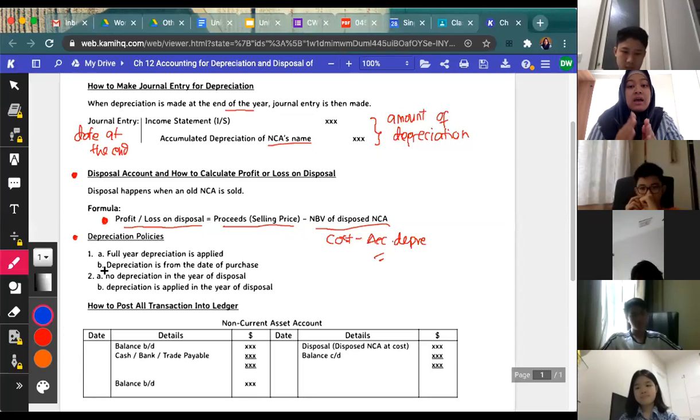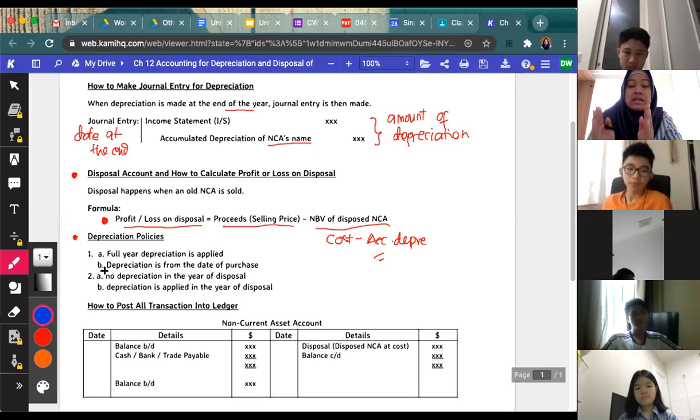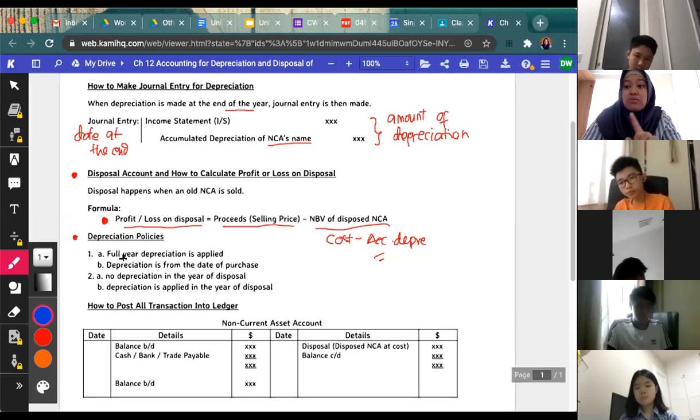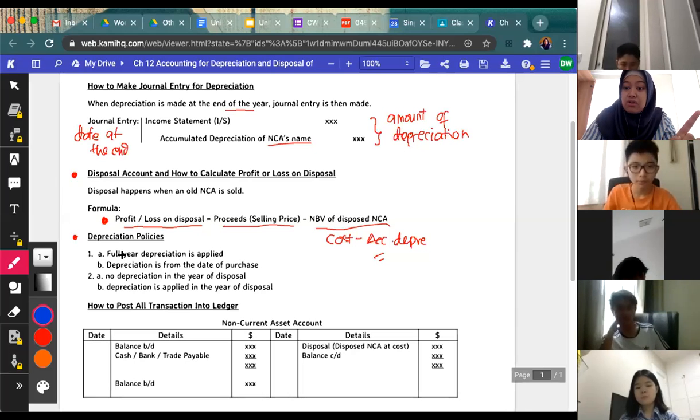Logically speaking, during that current year, I only use half year, right? But some company does not want to bother about that. They will just depreciate it within one full year, even though the actual month we only use it for 6 months.